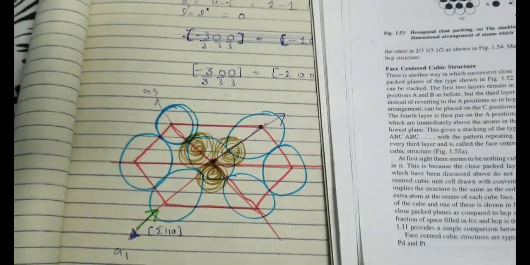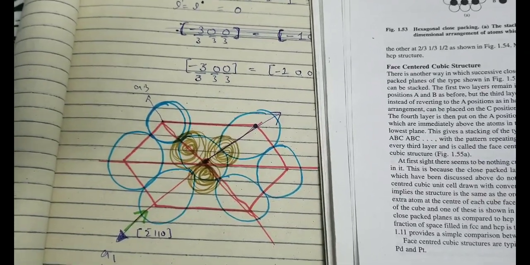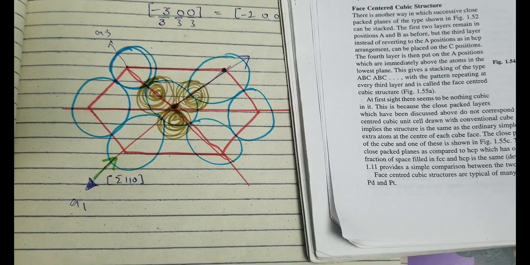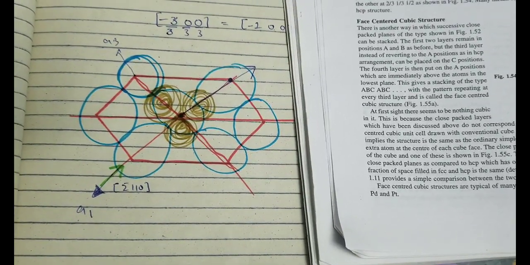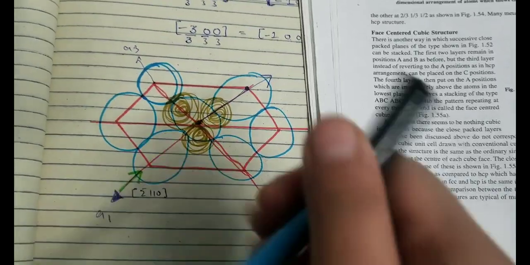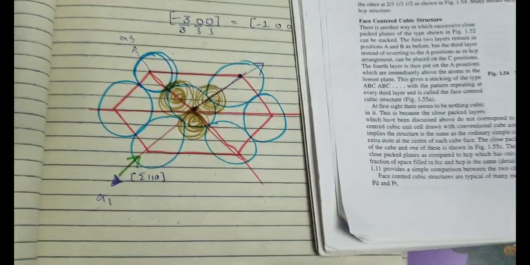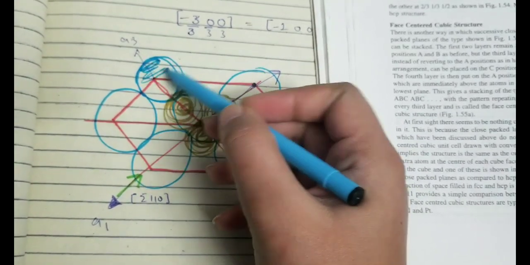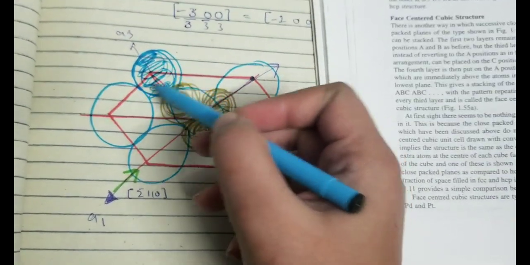You should have markers of different colors so that you can differentiate between different atoms. Here the blue circles are the atoms on the basal plane, and also atoms on the roof plane. I'm not drawing them again because they are similarly present on the roof plane too.